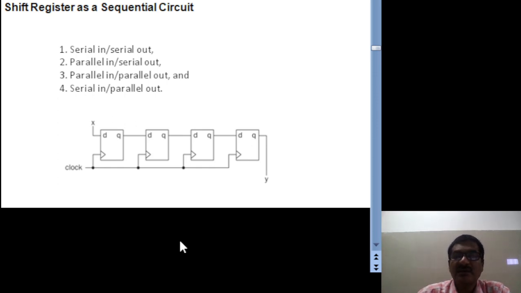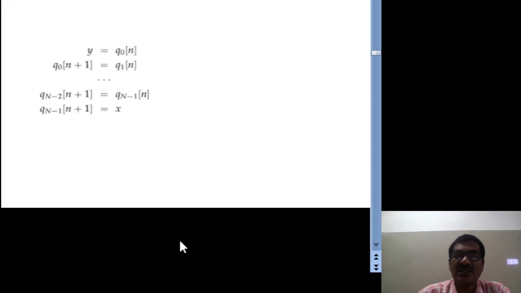With reference to this serial in, serial out, we can write the equations for X, Y and also the outputs of each D flip-flop like this. Here N means present state, N plus 1 means next state.